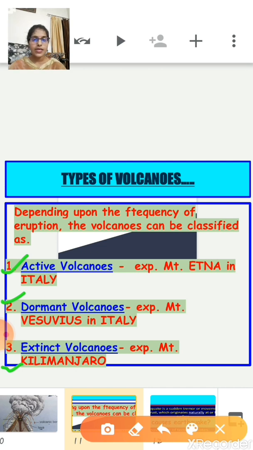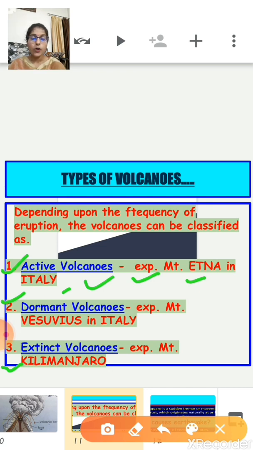Active volcanoes are those which have erupted frequently in the recent past and have possibility for further eruption at any time. That's why they are called active volcanoes. For example, Mount Etna in Italy is an example of an active volcano.